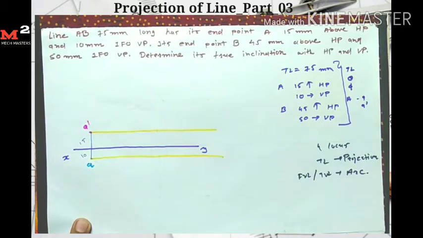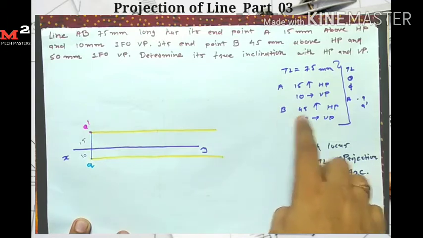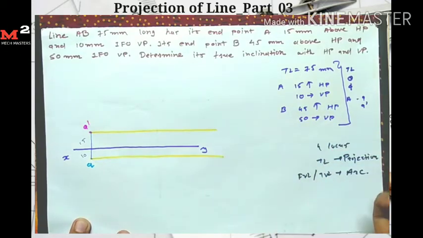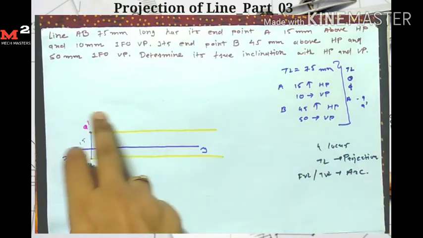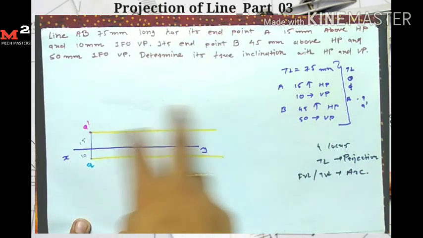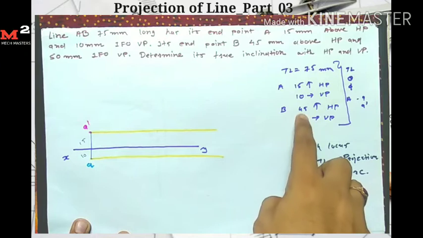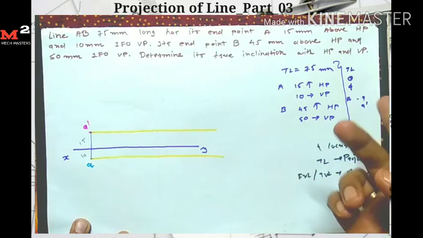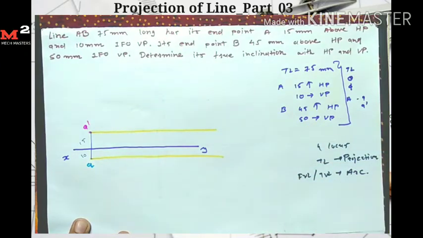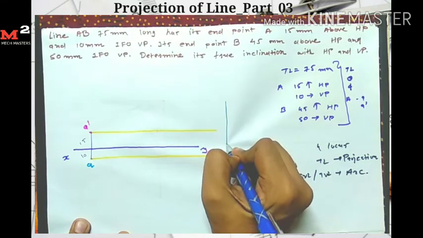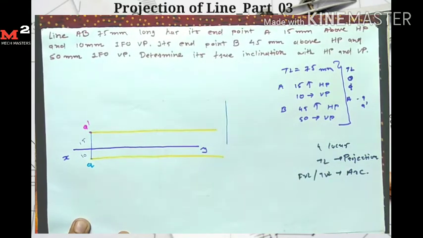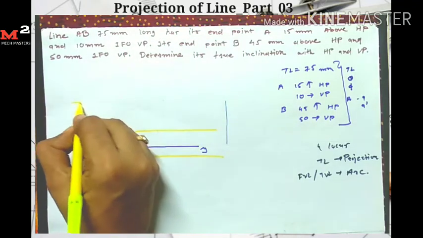Now I come to the second point. For point B the condition is 45 mm above HP and 50 mm in front of VP. I don't know the exact position of point B, but I know it is 45 mm above HP, so I measure a 45 mm distance and draw one horizontal line.